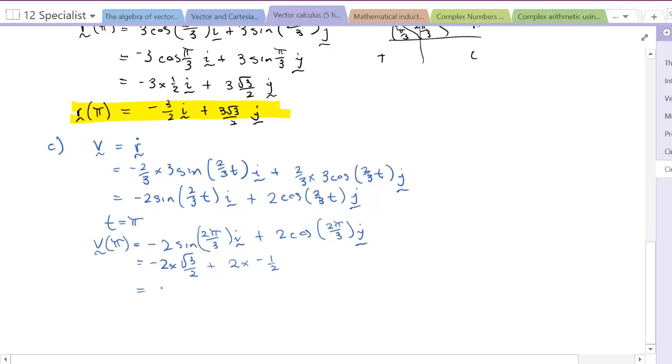So we're left with -√3 in the i direction and -1 in the j direction. So our velocity vector at that point in time is -√3 i subtract j.